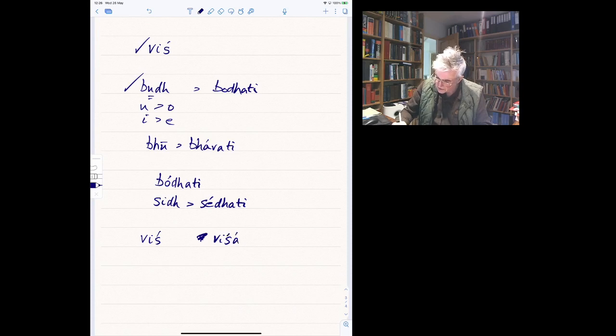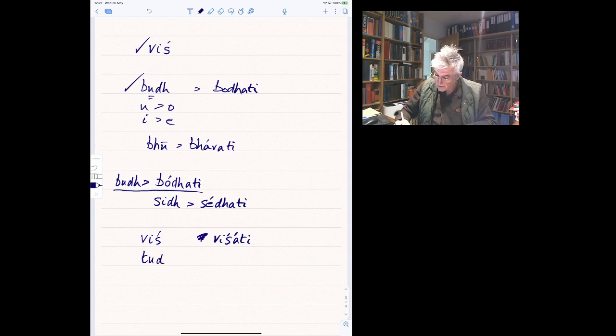Mark the acute over the a to mark the stress. Vishati. And likewise, we've seen bud becomes bodhati. Stress on the first syllable. Tud. We'll see that meaning to push. It's a verb on our page 31, near the bottom of the page.